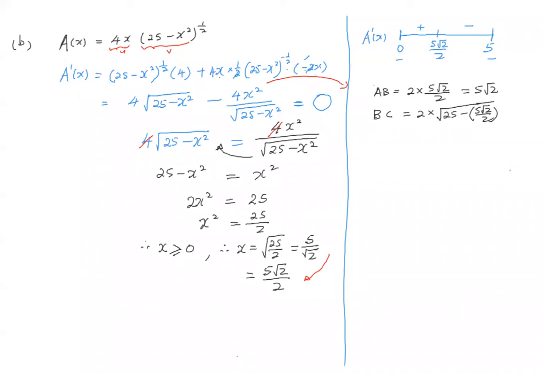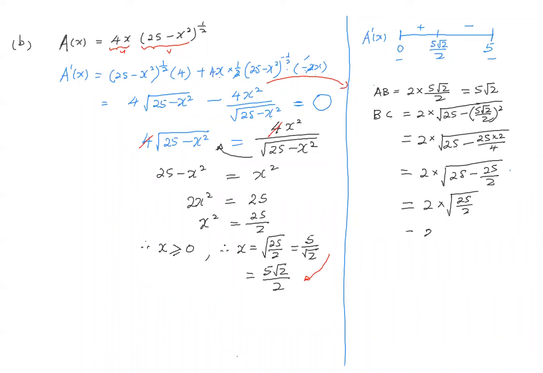So I have 2 times the square root of 25 minus 25 times 2 over 4, which is 2 times the square root of 25 minus 25 over 2. If you can do it quickly, you don't have to do all these steps. So it's 5 root 2 also.